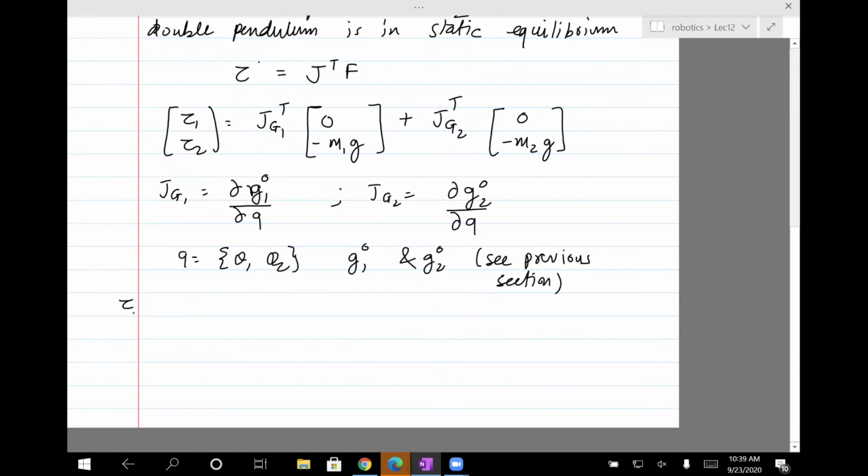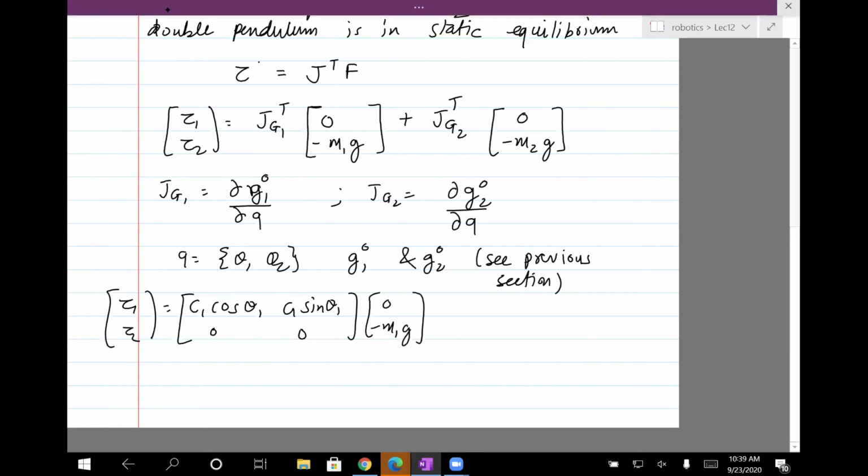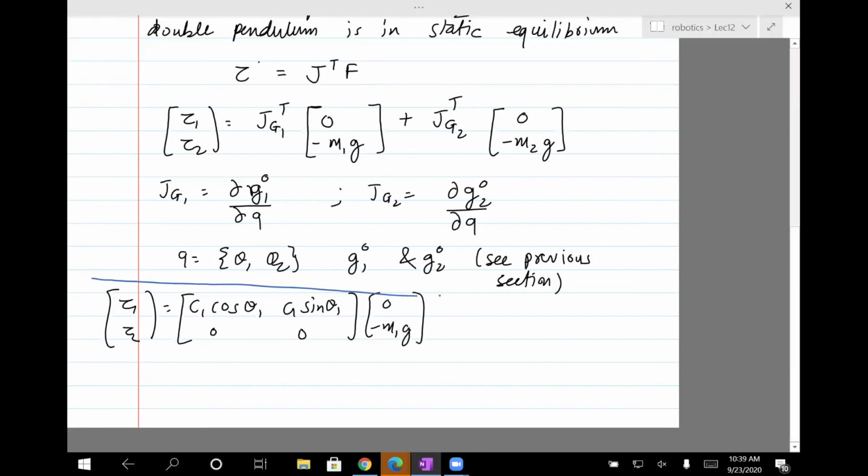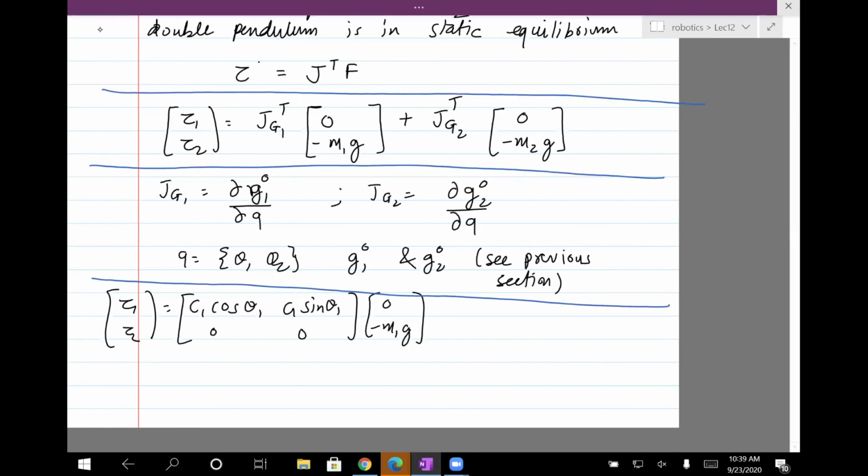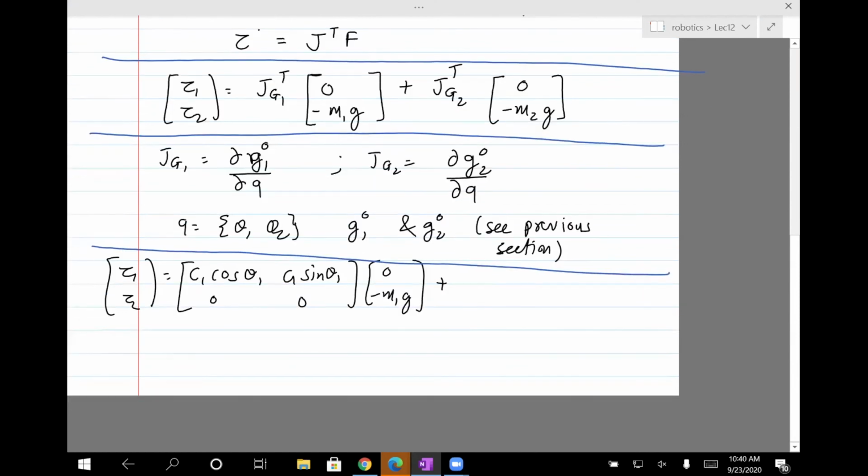So let me just write it down. If you look at my notes for the last section, the Jacobian was C1 cosine theta 1, C1 sine theta 1. So this is basically taking the transpose times 0, minus M1G. And then the second term is slightly longer.